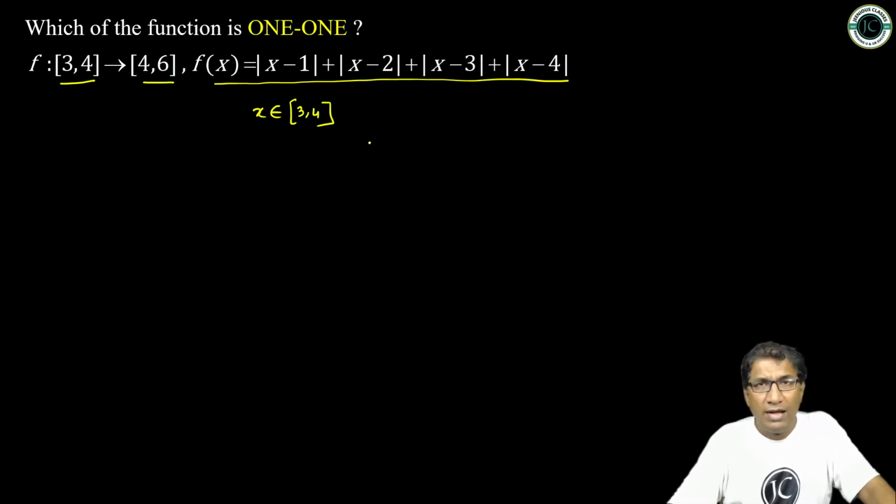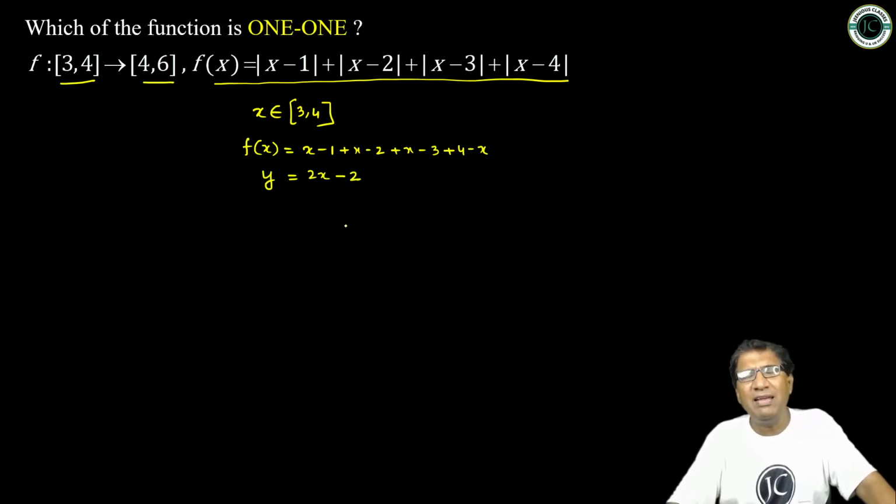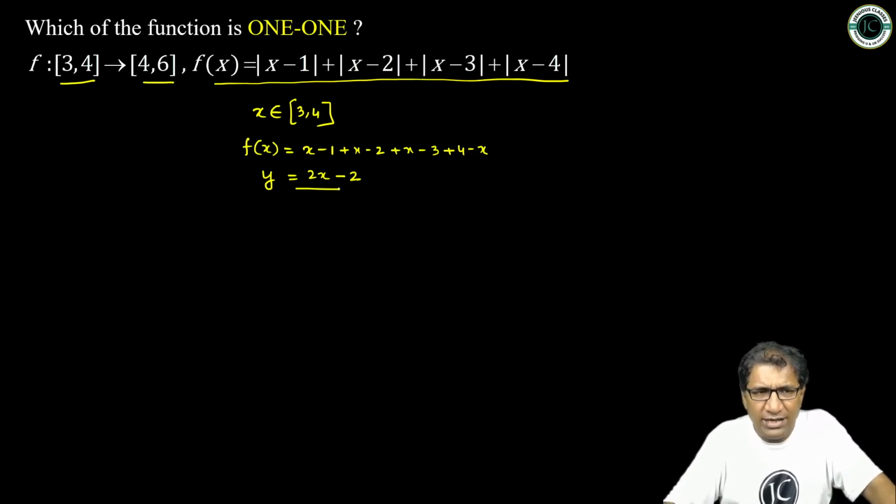3 to 4. Now when x belongs to 3 to 4, we can easily write our function f(x) as, is it clear? So y is coming like 2x minus 2. This is the function when x is lying between 3 and 4.